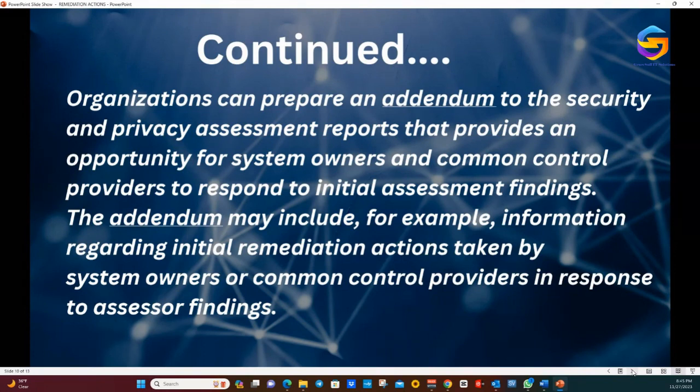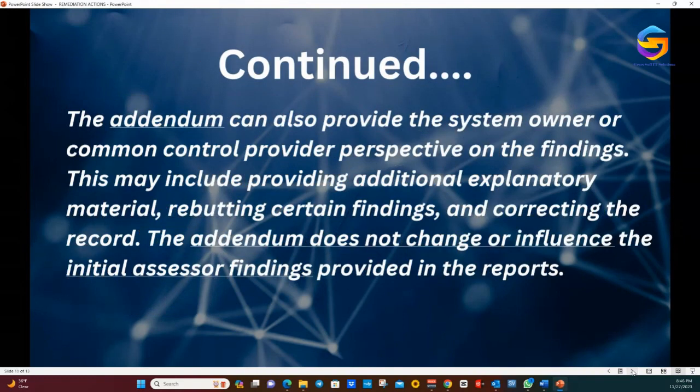Organizations can prepare an addendum to the security and privacy assessment report that provides an opportunity for system owners and common control providers to respond to initial assessment findings. The addendum may include, and let's pay attention to this area, for example, information regarding initial remediation actions taken by the system owners or common control providers in response to the assessor's findings.